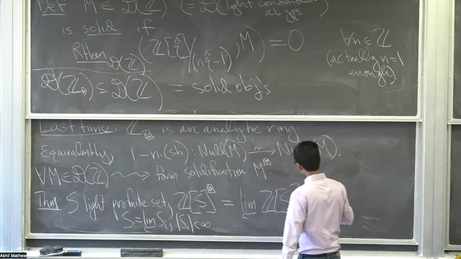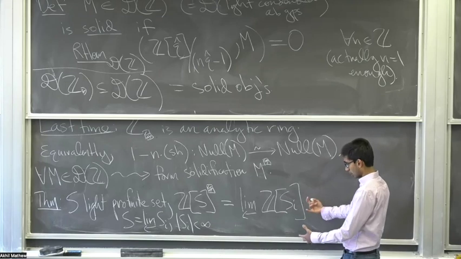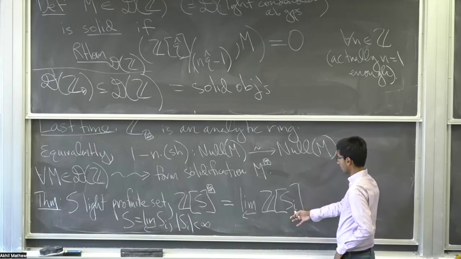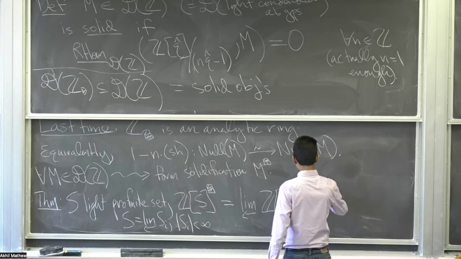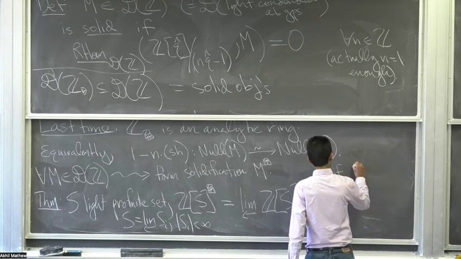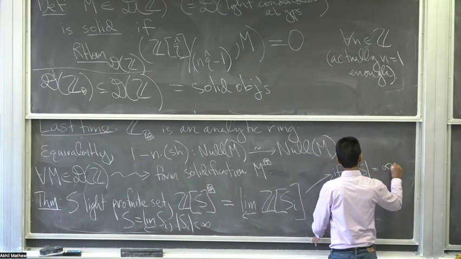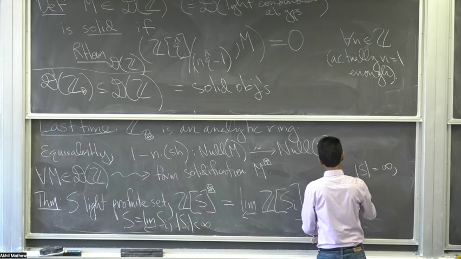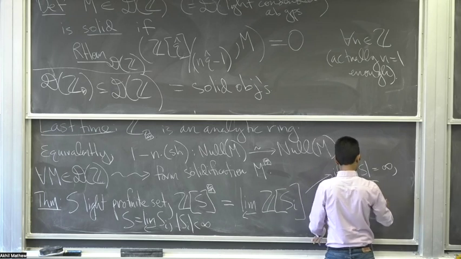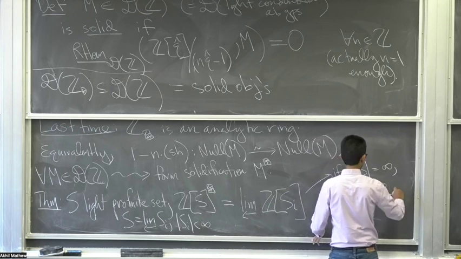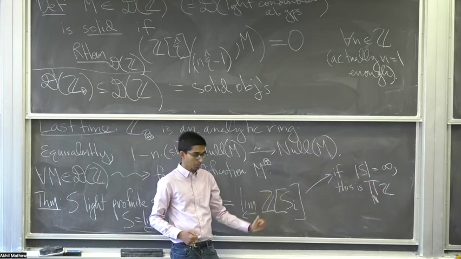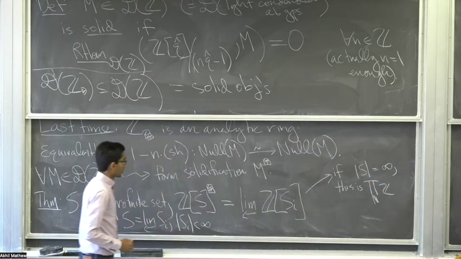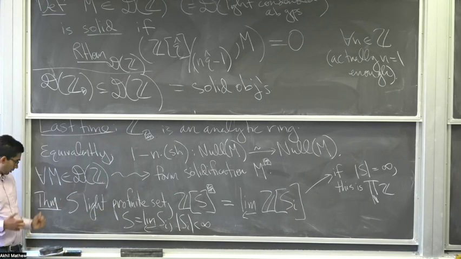And abstractly, if S is finite, this is just Z[S]. If the cardinality of S is infinite, this is the product over N of Z, and this product is computed in light solid abelian groups. So this was the theorem from last time.